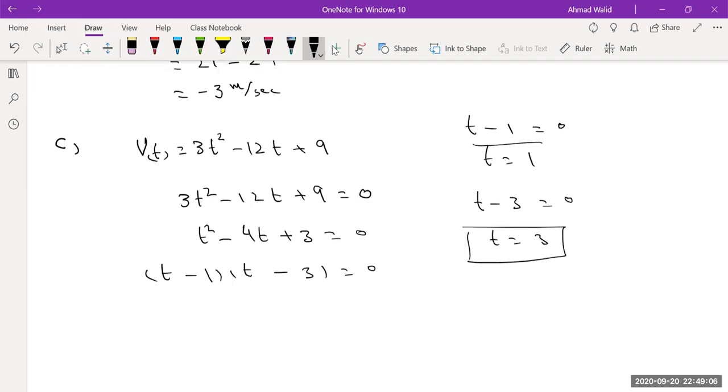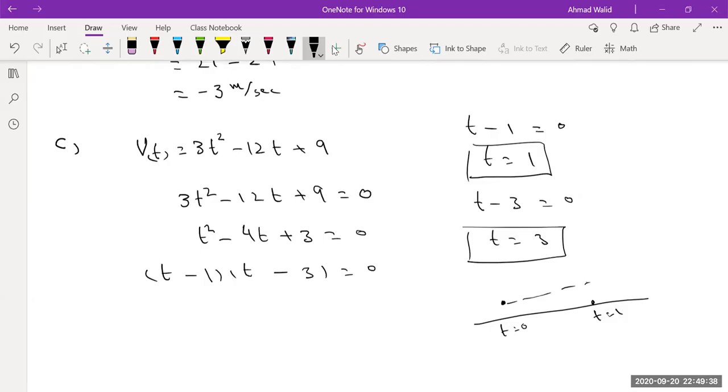It means the object is at rest at 1 second and at 3 seconds; the object stops. If I want to graph it for you, the object starts here, where t is equal to 0. Then it moves this way, correct? Here you have t equal 1.